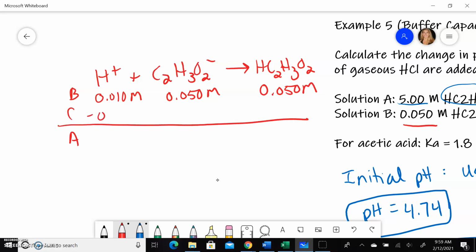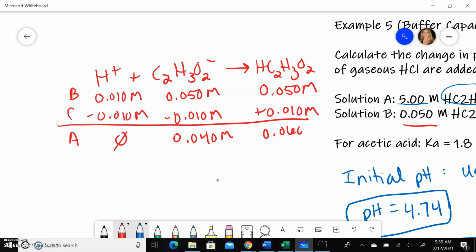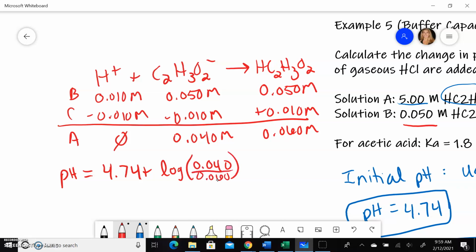So we're going to go ahead and subtract that down to 0 again. And now we're ready for the Henderson-Hasselbalch equation. And that gives us a new pH. So now you can see that this pH is slightly different.